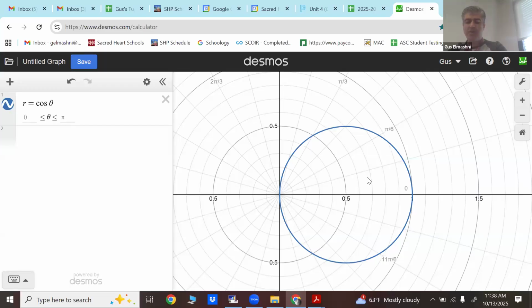Yeah, so here's the thing. It's the way you would describe this. So this is what you want to write in your notes. You describe it like this: a circle with a diameter of 1.